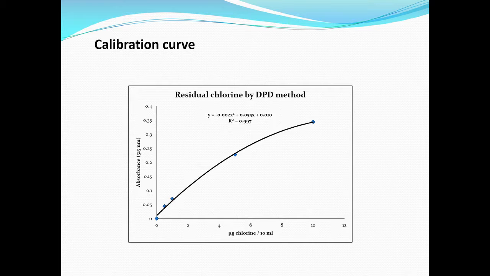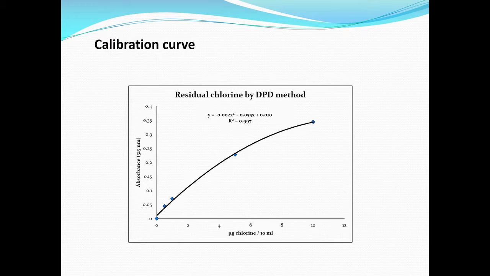The calibration curve is not linear. This is a very classic example of a non-linear absorbance relation with the analyte, but the results are reproducible.